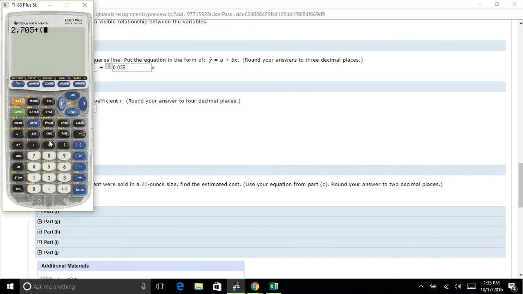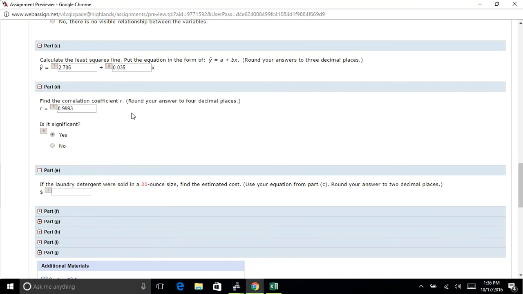Plus, and I'm going to do parentheses, 0.035 times 20. And what do I get? I get 3.405, and I round that to 3.41. So that would be the price.